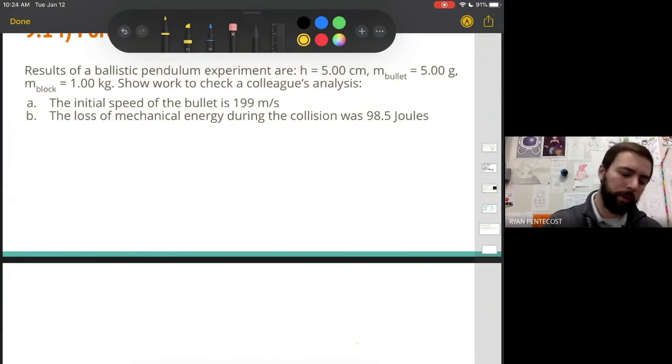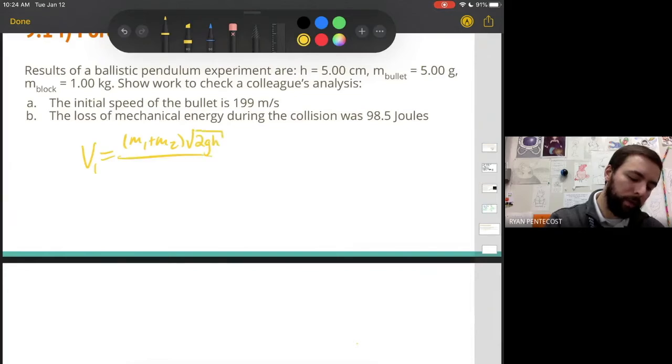So let's see how we're going to do this. First, let's bring that equation down. We had the velocity of the bullet is, I said I would give it a 1 there, (m1 plus m2) times the square root of 2gh, all divided by the mass of the bullet, right? Now we have some numbers to go along with that.